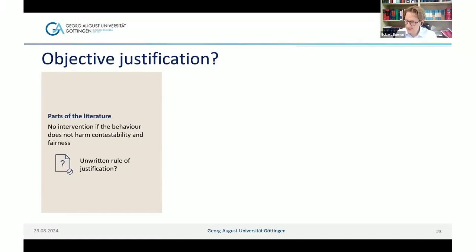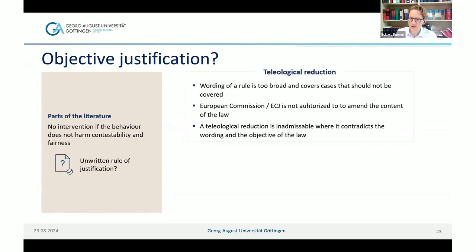Then it still remains unclear how we should take it into account when applying the DMA. There's a certain doctrinal technique that we could use in that regard. It's called teleological reduction. And the teleological reduction is actually applied in cases where the wording of a rule is too broad and covers circumstances that should not be included with regard to primary law.